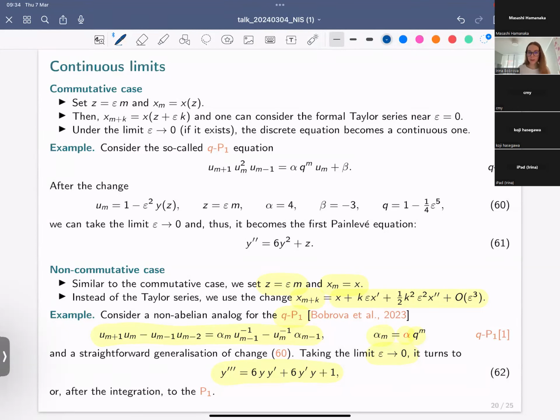If we can find it, it can connect our non-commutative ordinary difference equations and non-commutative ordinary differential equations. In this way, we can study the link between them.